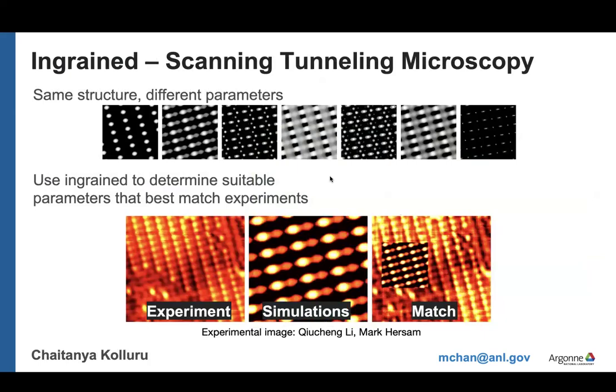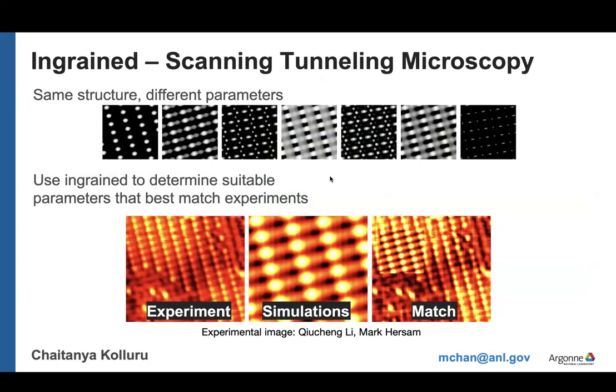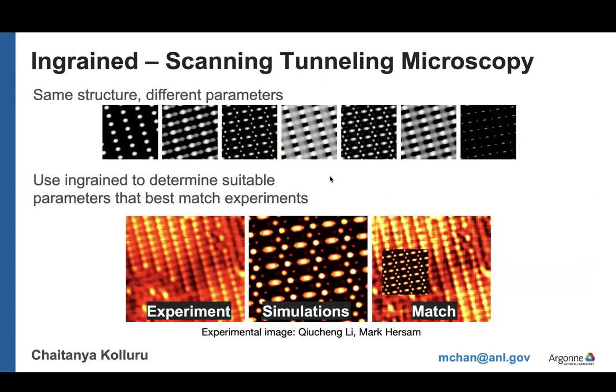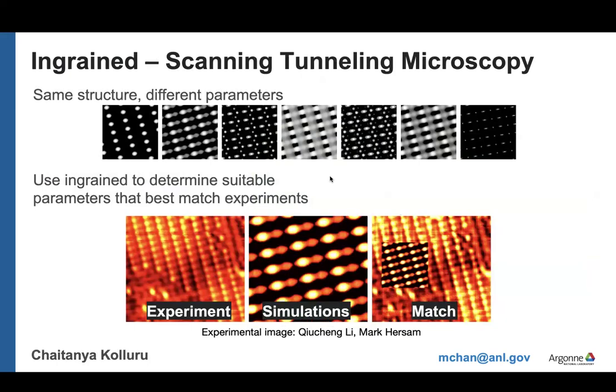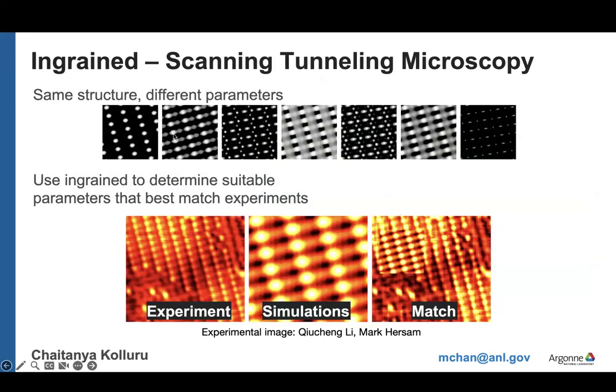Even if you have the same structure, because STM measures electronic density, basically charge density at different energies, just putting in different simulation parameters will give you very different images. So Ingrain further allows for the optimization of those parameters.